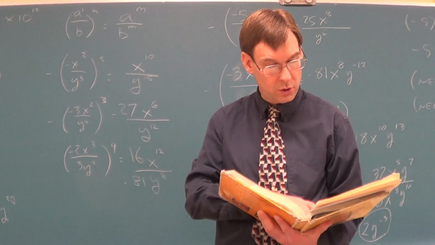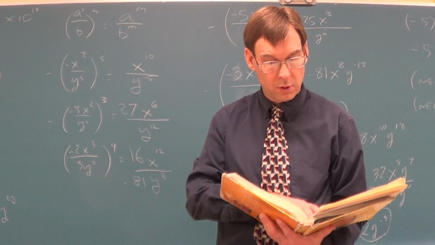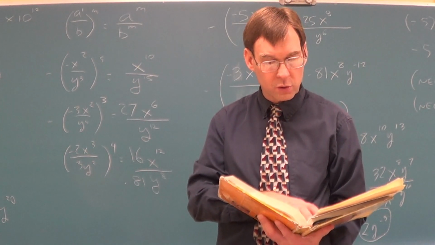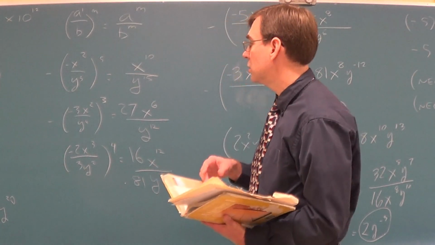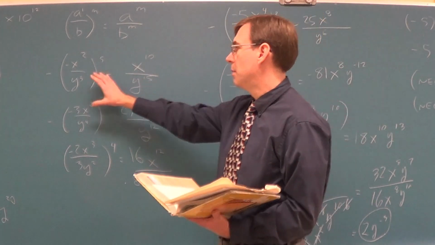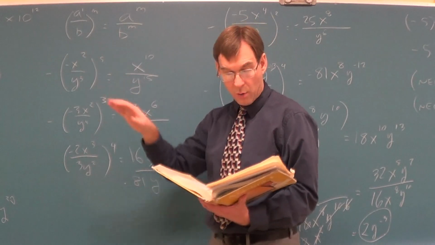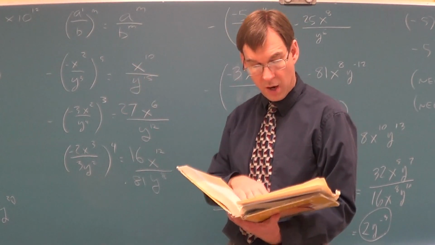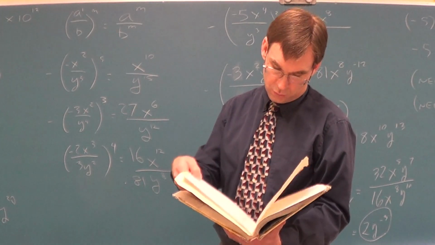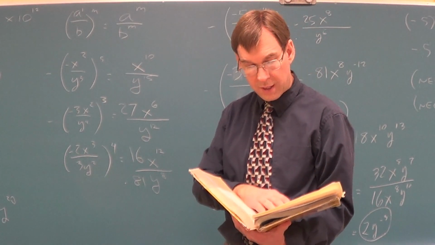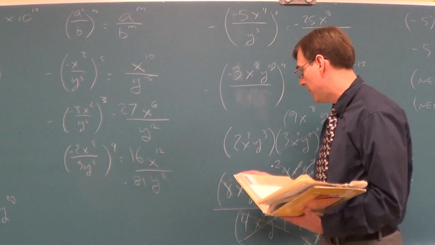Problems 1 to 22 are all single-step problems. It's just going to be one grouping going to a power, like most of what we did over there. 24 is like a two-step problem. It's like this one.